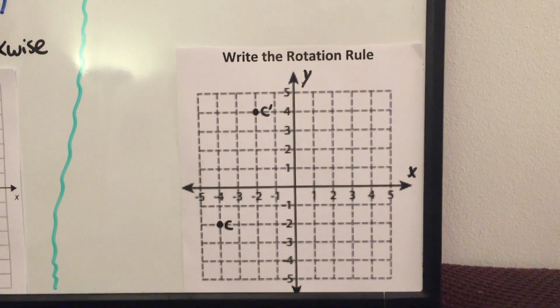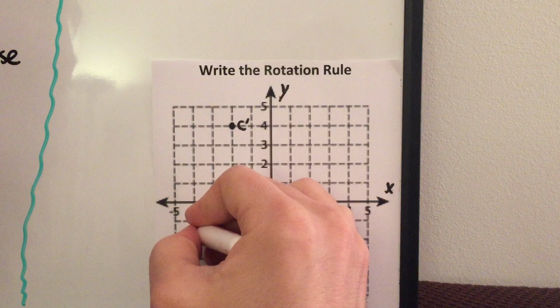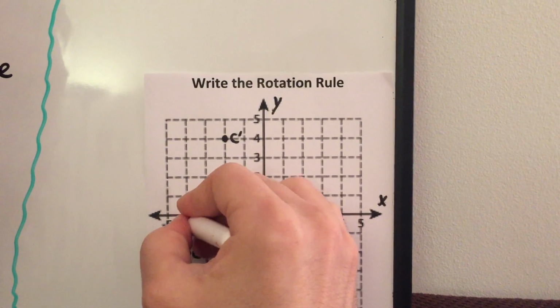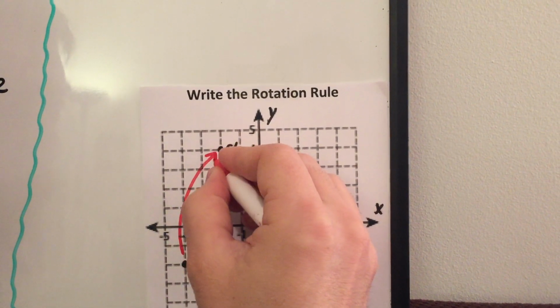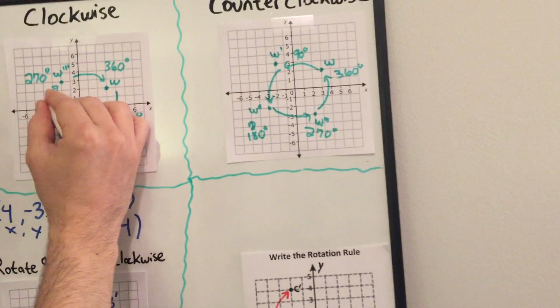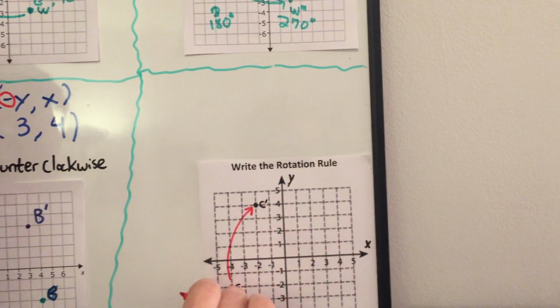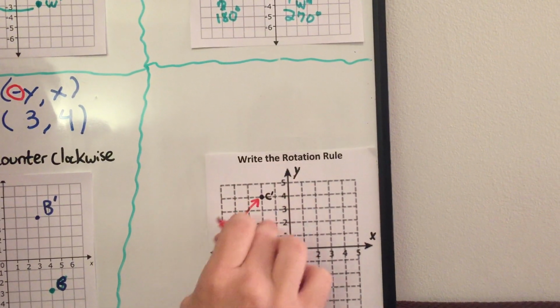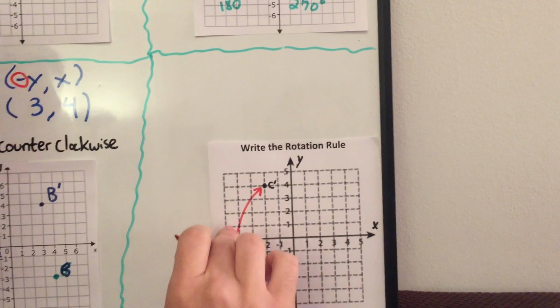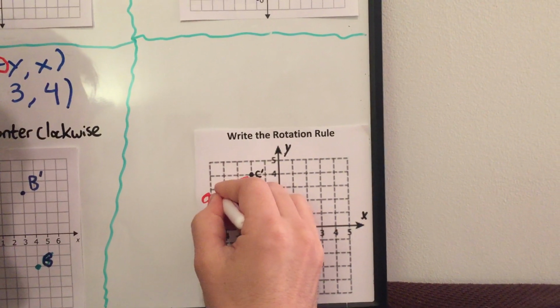I'm going to choose red so it shows up a little bit better. I'm going to choose to rotate C to C prime this way. Now, if I rotate this way, that looks like a clockwise movement, okay? And this would be moving just one quadrant. Remember, each time you move one quadrant, that would be 90 degrees.